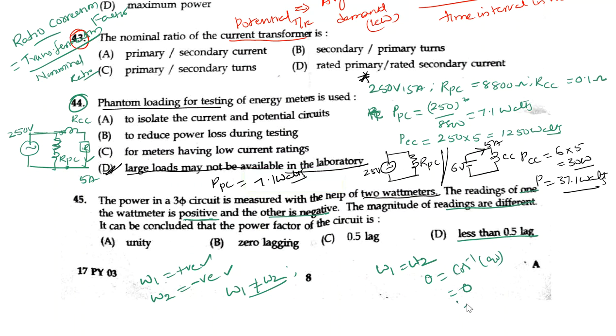That means the load is purely inductive or capacitive here. But when they are not equal, the power factor is less than 0.5 lagging. So 0.5 lagging means whatever the power factor, what is the angle? So phi is nothing but it is less than 30 degrees. Okay, we will move to the next question.